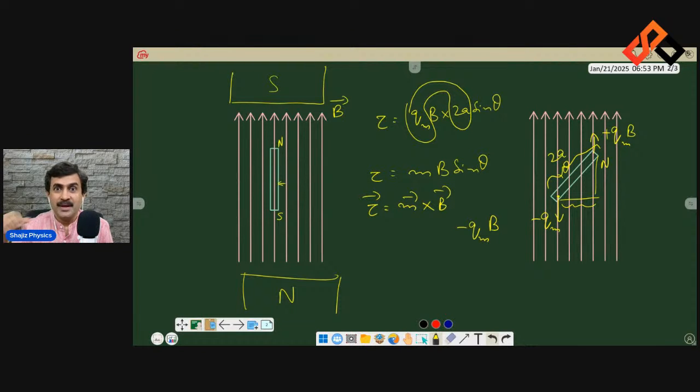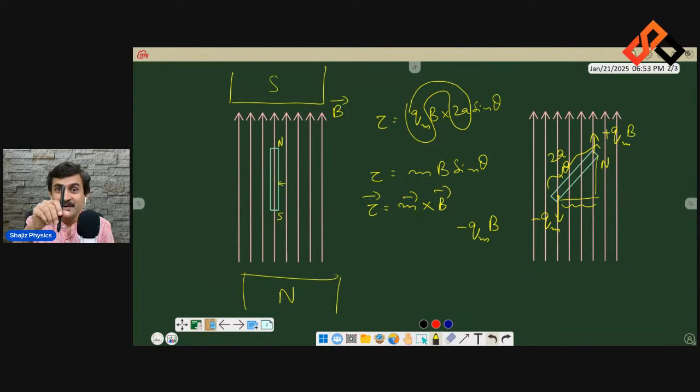Now again, in rotating the magnetic dipole through an angle theta, you have to do work against this torque, because torque is trying to bring it back to the most comfortable position, or the equilibrium position.